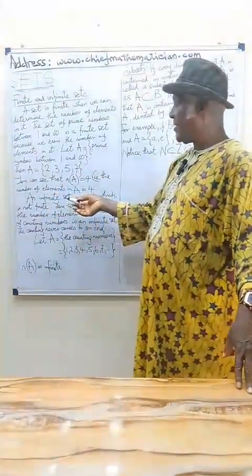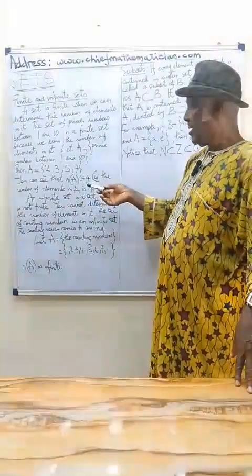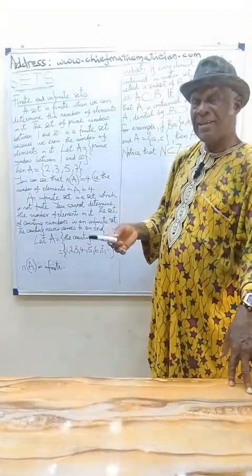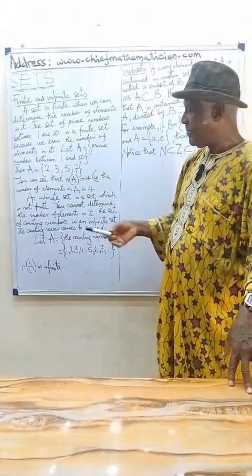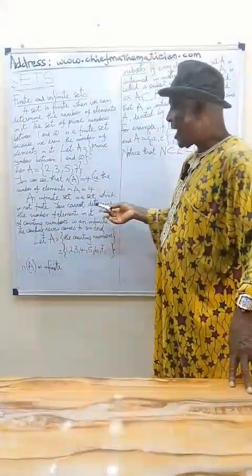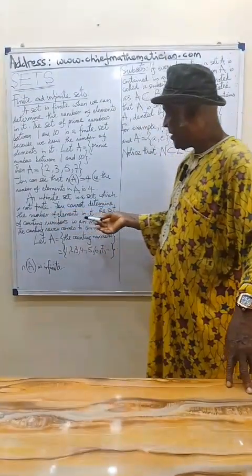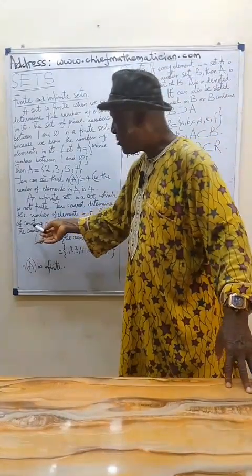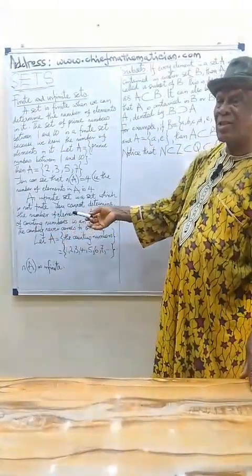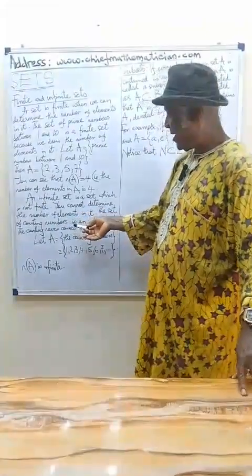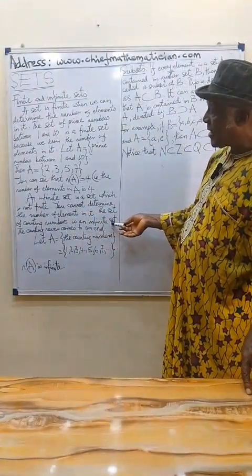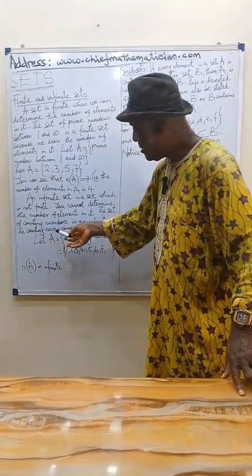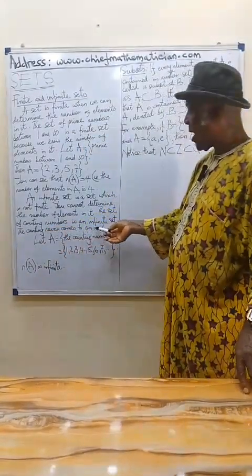An infinite set is a set which is not finite. You cannot determine the number of elements in it. The set of counting numbers is an infinite set. The counting never comes to an end.